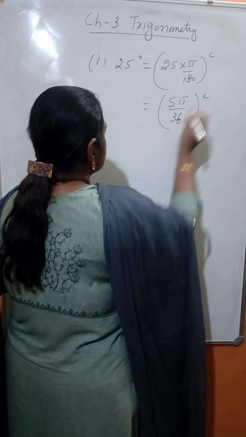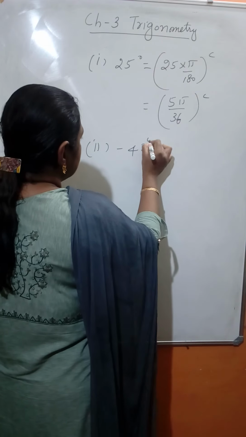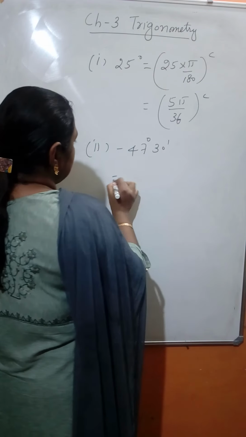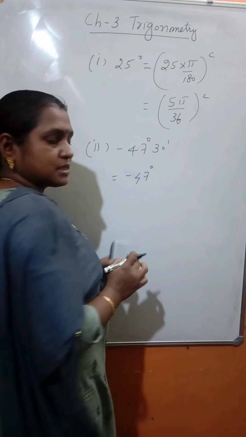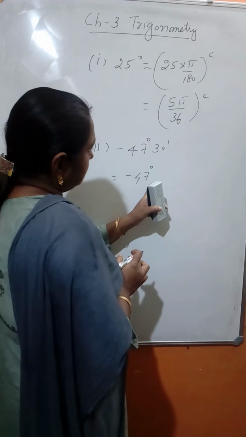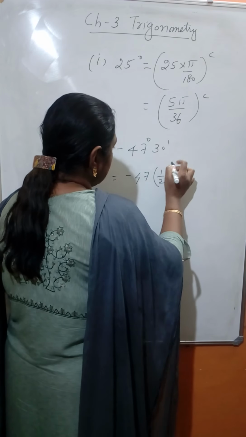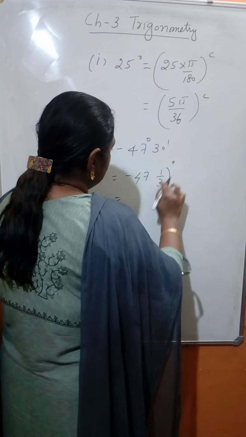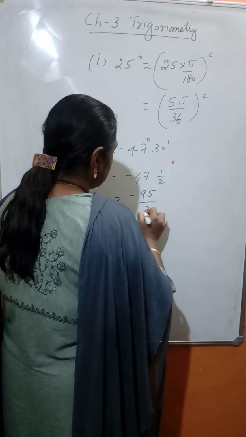Okay. Now second question we will do, it is minus 47 degree, 30 minutes is given. Can we write it as minus 47? 60 minutes is 1 degree, so 30 minutes will be half degree. So can we write this as minus of 47 1/2 degree, or we can write it as minus 95 by 2 degree.